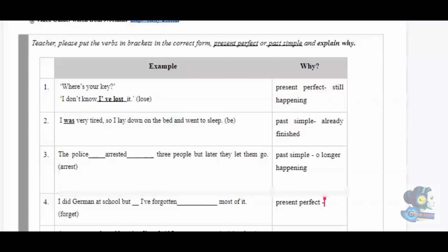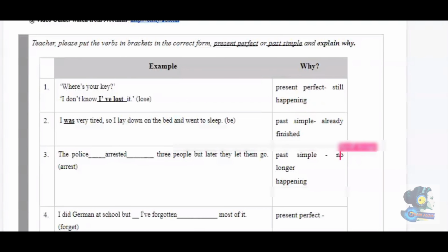Let's now move on to the last one. I will put the verbs, gave and lose. Can you read the sentence, please? Thank you. Here, can you tell me, is it in the past simple or present perfect?